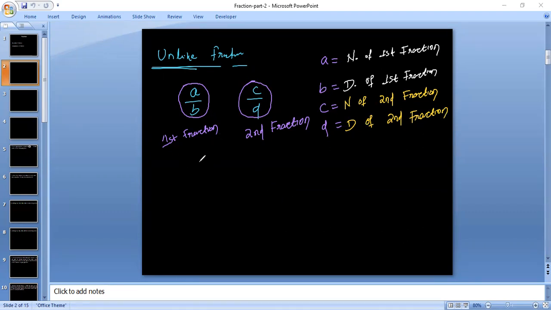Now you are familiar with A, B and C, D. A by B is your first fraction and C by D is your second fraction.